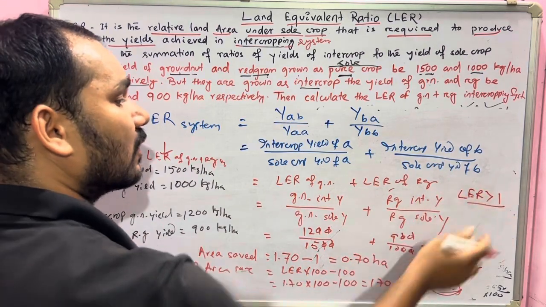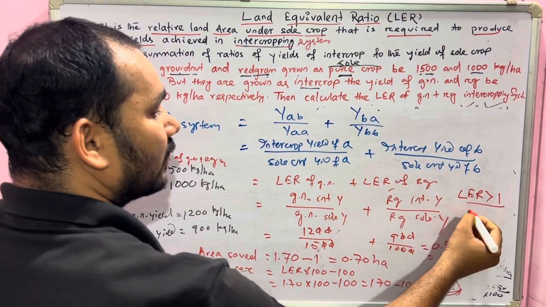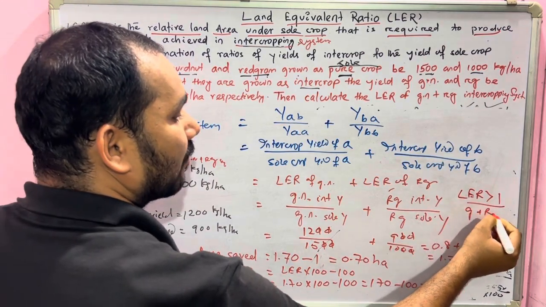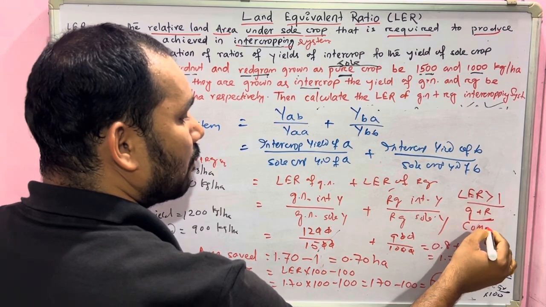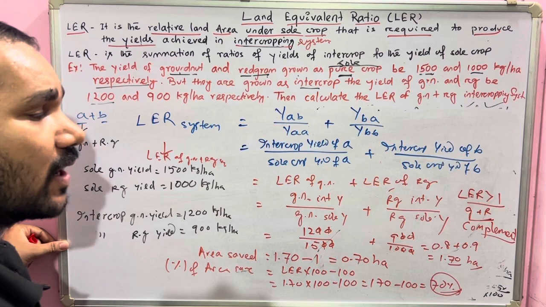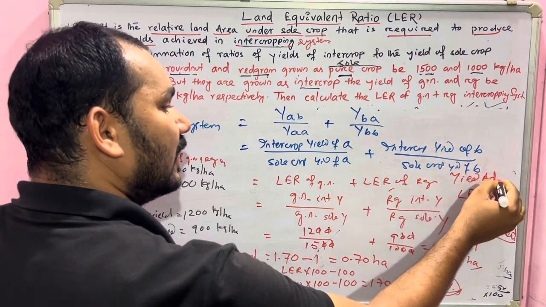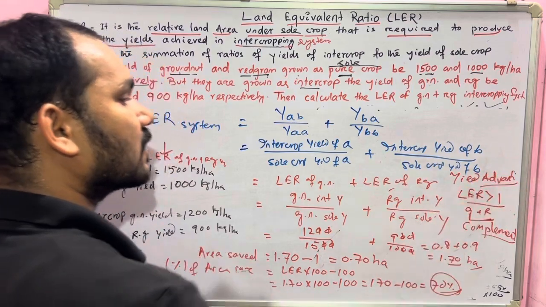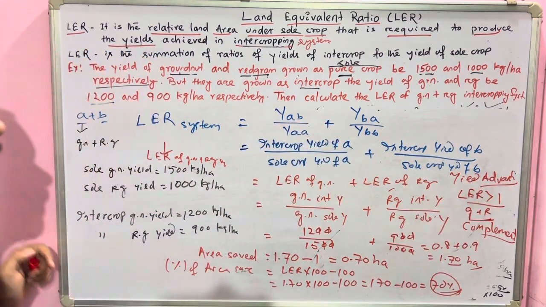If I ask what type of interaction there is for groundnut plus red gram, there is complementary interaction. Is there a yield advantage? Yes, we are getting a yield advantage from this type of intercropping system because I have LER more than 1.